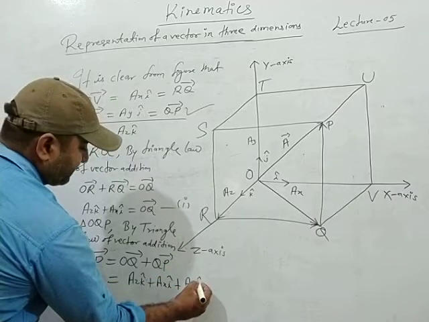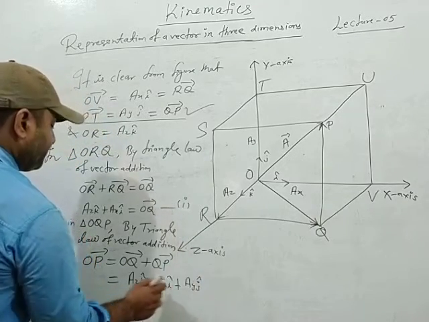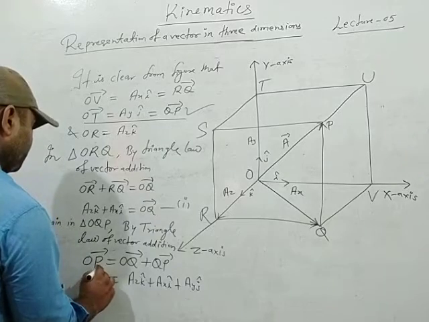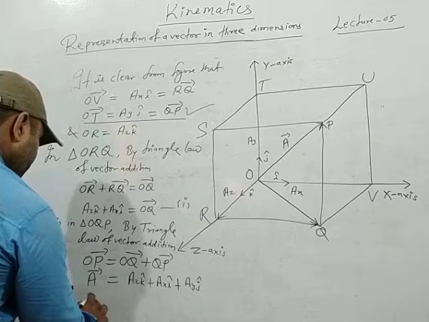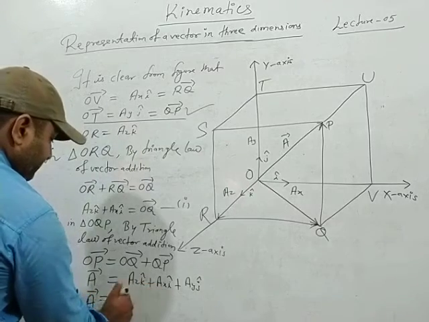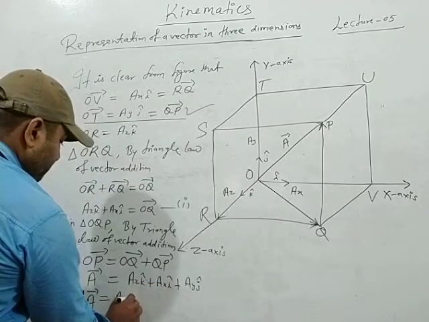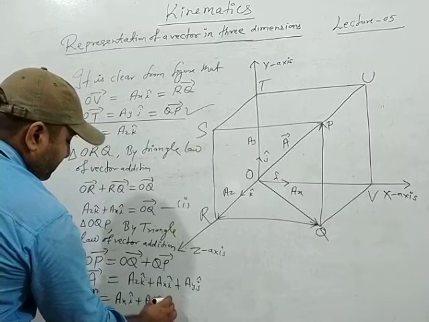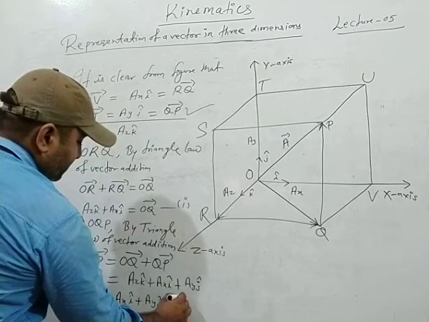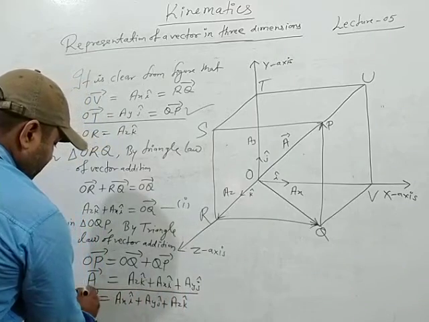In this way, we can represent vector A. So rearranging the terms, vector A is equal to ax i plus ay j plus az k. Clear?